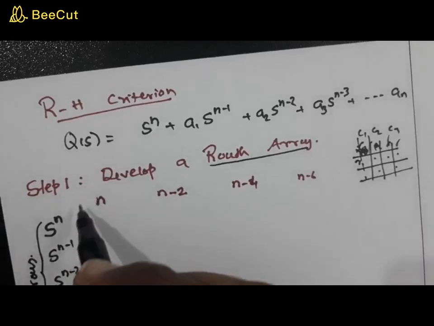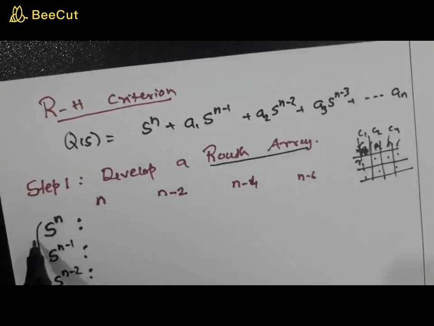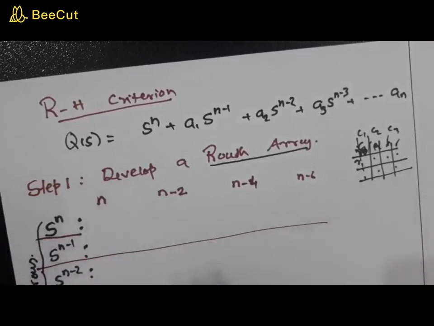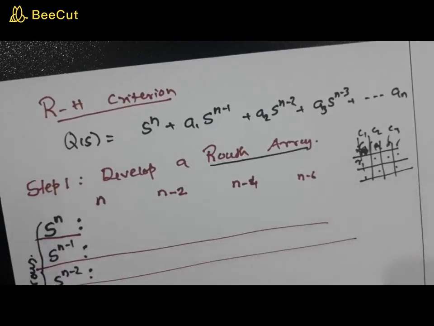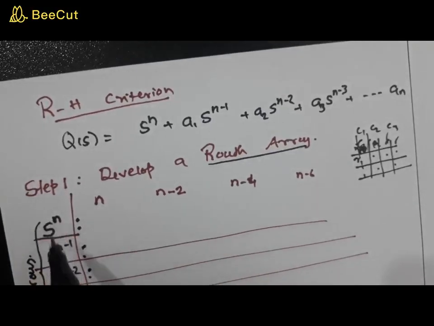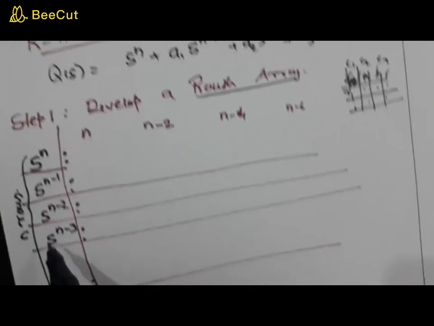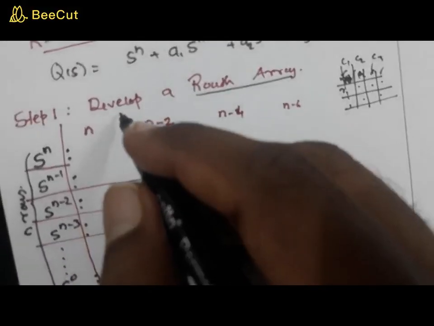Now these are the columns. There are rows corresponding to each power of s, s raised to n, s raised to n minus 1, and you need to draw it like this.